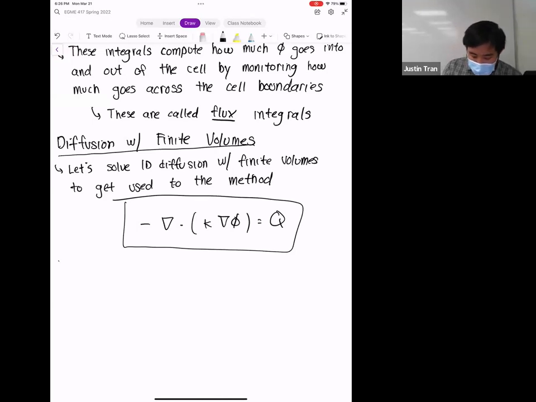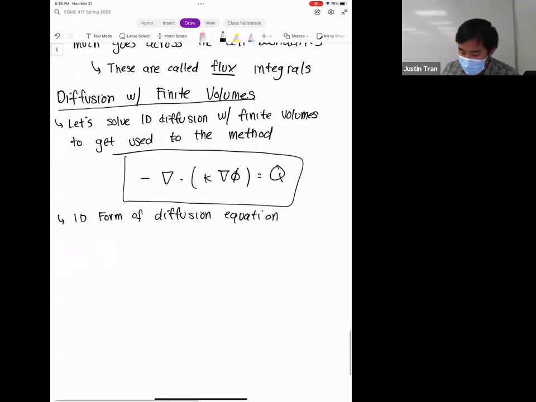Let's start with the 1D case, because the 1D case is often the simplest to do. I'm going to take the expression above and express it as it would be in one dimension.